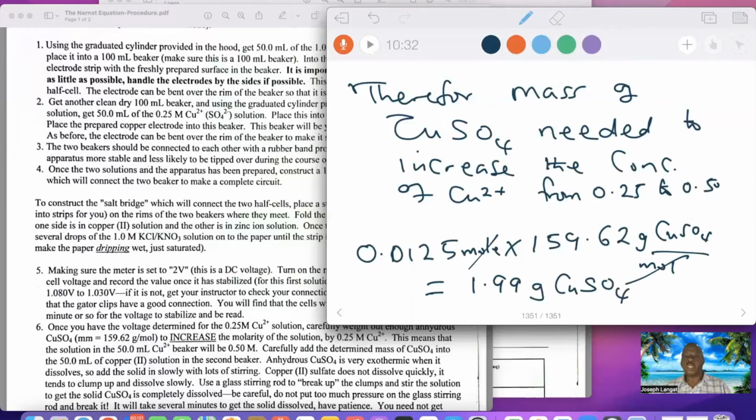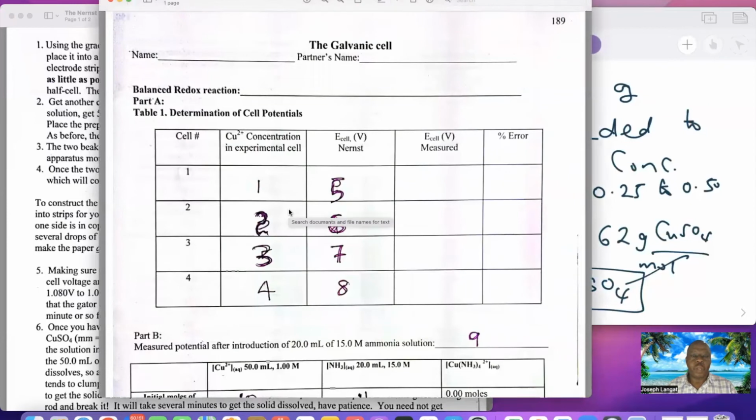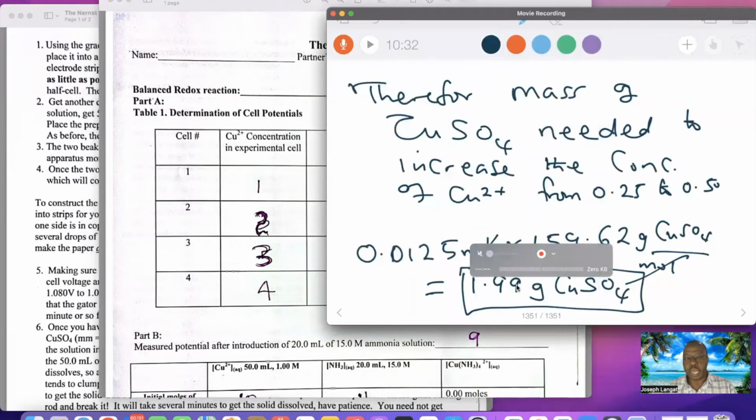This is how much you will mass out in order to increase the molarity. So remember, to increase the concentration from 0.25 to 0.5 here, you need to mass out 1.99.